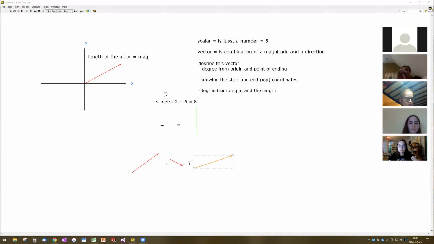Okay. So the advantage of this is that any vector can be constructed from component vectors. You can take a vector like this orange guy right here, and you can define this vector by vectors that sum together in order to make it. There's an infinite number of vectors that would sum together to make this one, just like there's an infinite number of numbers that you could choose that can sum to 8.